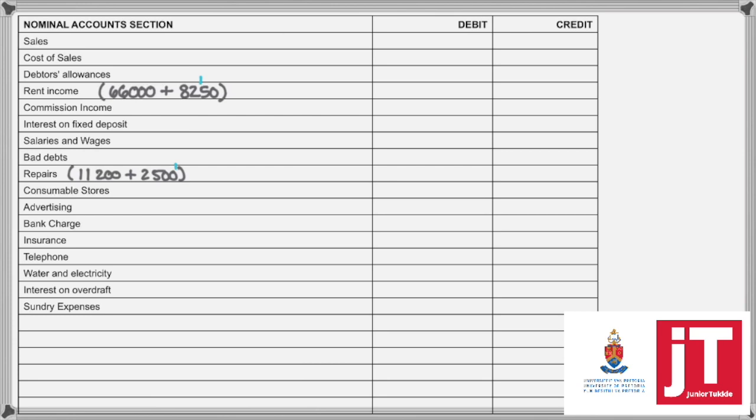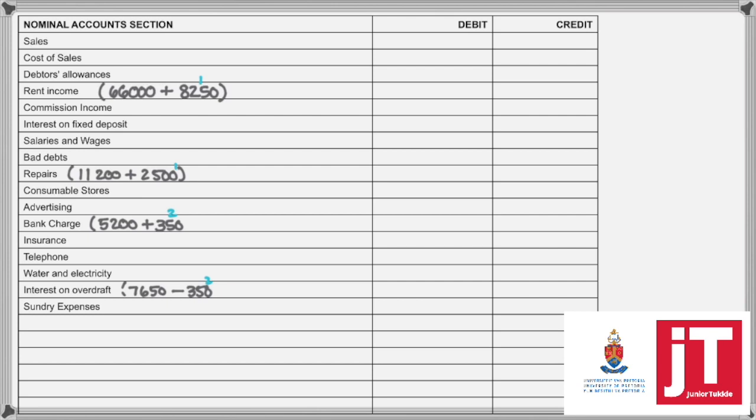Okay, then number 2 was the correction of an error, bank charges versus interest on overdraft. So we have to add it to bank charges and minus it off interest on overdraft, because it is not interest on overdraft, it is bank charges. So we're moving it from interest on overdraft to bank charges.